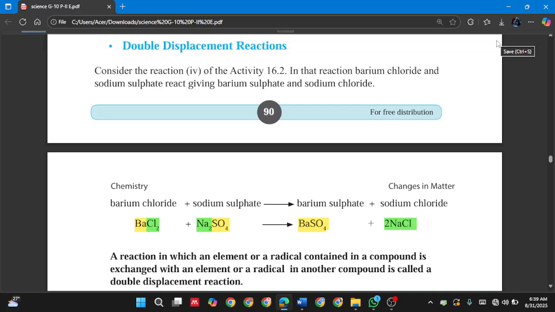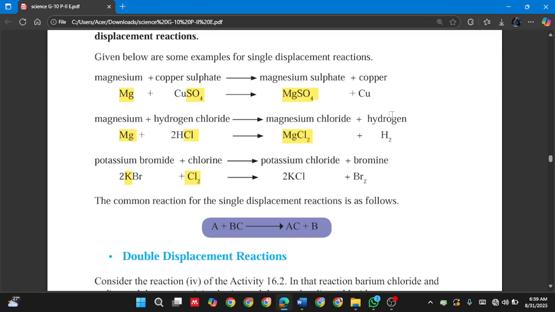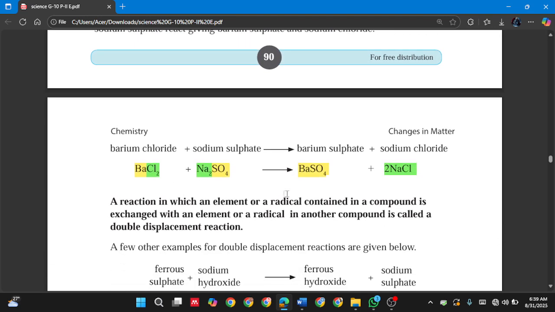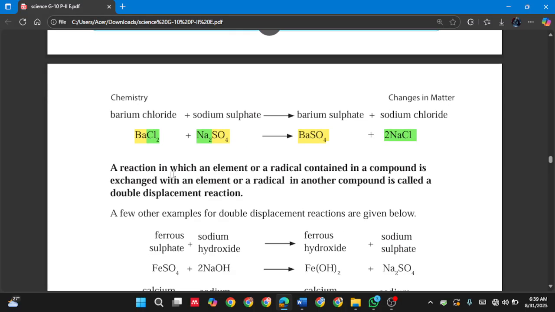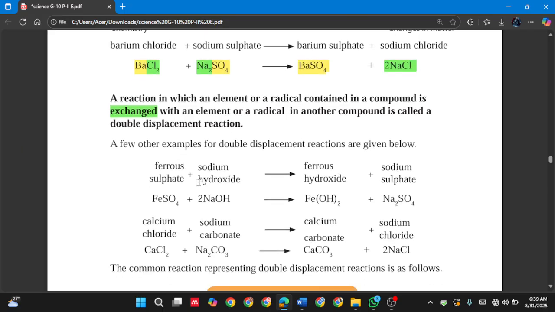Earlier, just one displacement and one element gets removed and is alone. Here both get displaced. So a reaction in which an element or a radical contained in a compound is exchanged with an element or a radical in another compound is called a double displacement reaction.